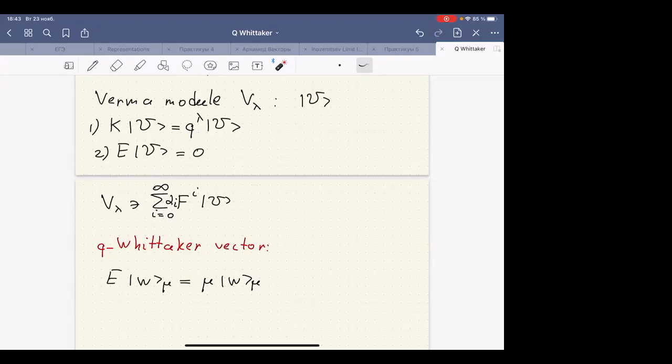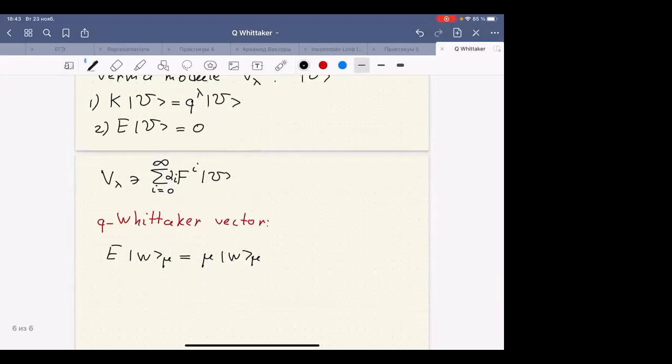They are more difficult. The definition will change, but in SL2 it is just the same as in the non-quantum case. So it is a very good example to perform some calculations.